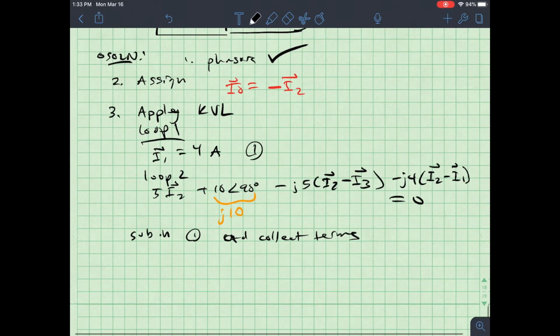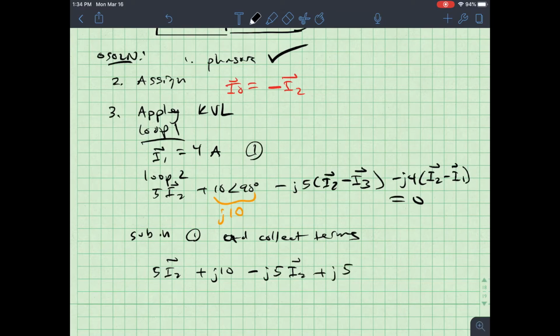So I know that I1 is 4, so I've got 5I2 plus j10 minus j5 I2 plus j5 I3 minus j4 I2, and then plus j4 times 4. All of this equaling 0.